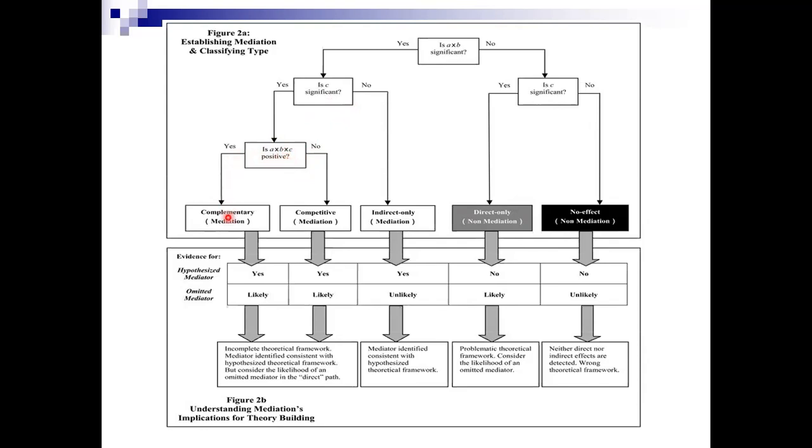If yes, you have complementary mediation. If it is not positive, which means negative maybe, then you have competitive mediation. Okay. And then evidence for hypothesized mediator. With this one, yes. So there's likelihood of mediation, etc. So the rest can be read and interpreted easily.